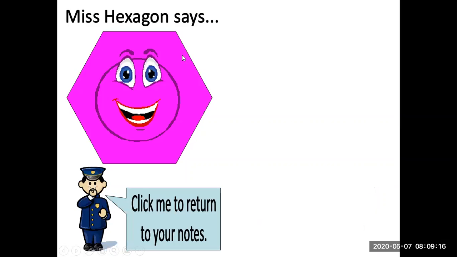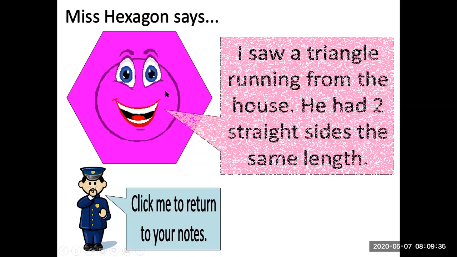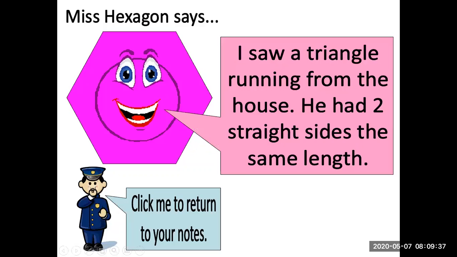Miss Hexagon says, I saw a triangle running from the house. It had two straight sides the same length.